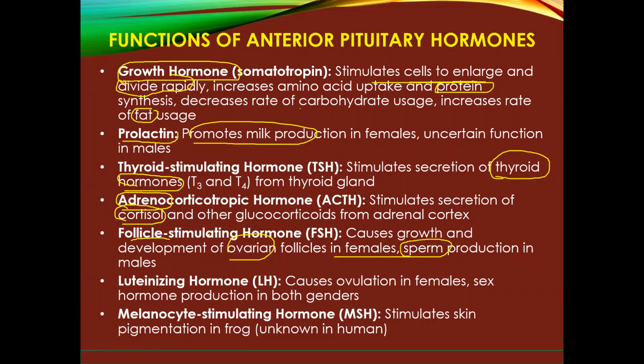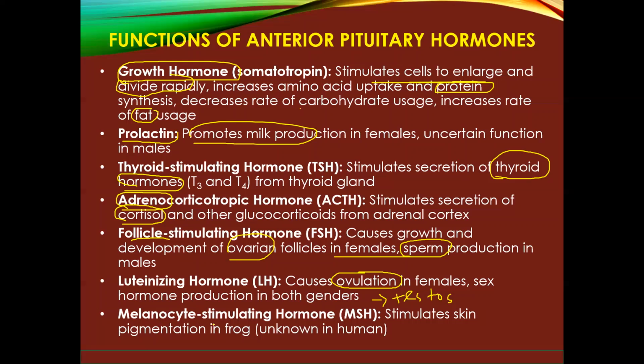LH, luteinizing hormone. This is also another reproductive hormone. It will go to the ovary and testicle. In the ovary, it will increase production of progesterone and also ovulation, the release of eggs from the ovary. And for the male, LH will increase the production of testosterone.